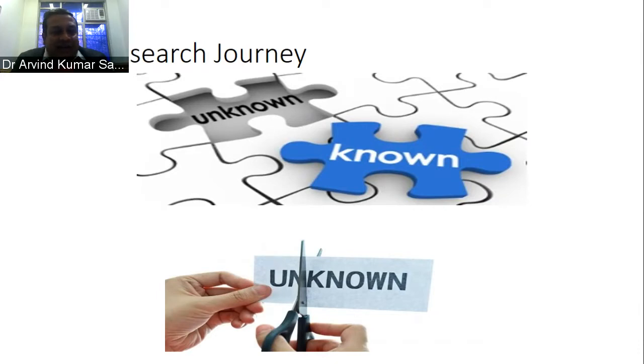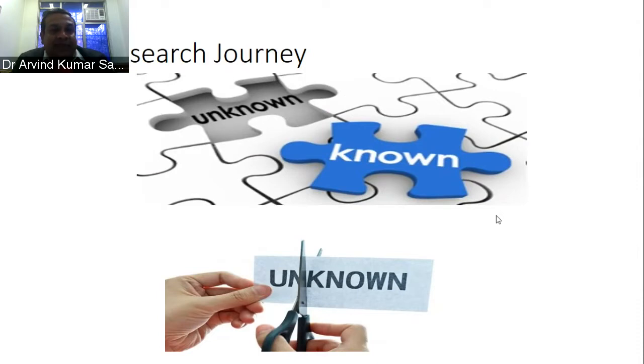So the first step, after deciding a broad area of your study, is to do background research on that broad area, so that we can ascertain what is known so far and what things still need to be researched.